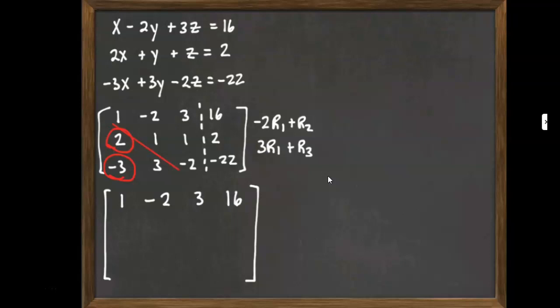So rewriting my first row down, and then we just go through for the second row, perform our arithmetic. Minus 2 row 1 plus row 2. So minus 2 times 1 plus 2. Of course, just like we want, that's going to be 0. And then we continue. Minus 2 times minus 2 will be 4 plus 1. We'll make that 5. And we continue. Minus 2 times 3 is minus 6 plus 1.